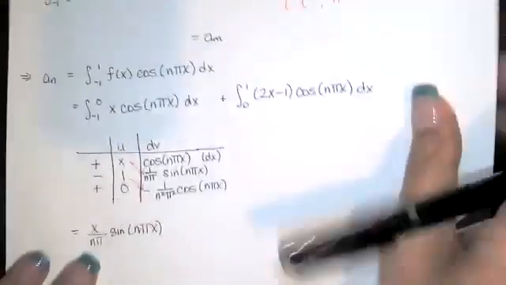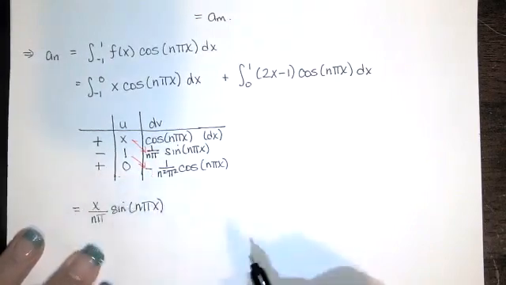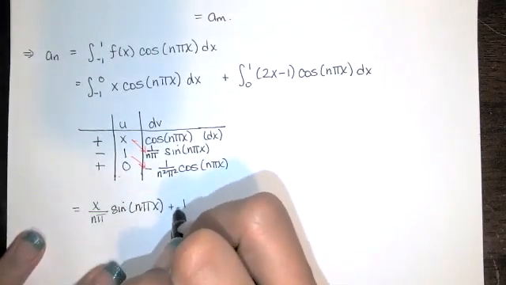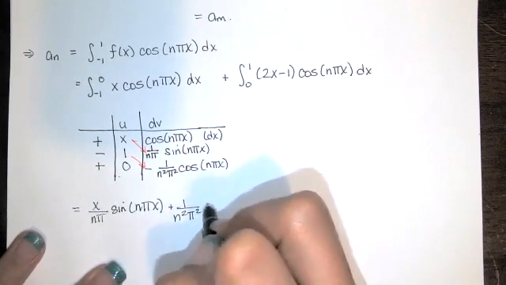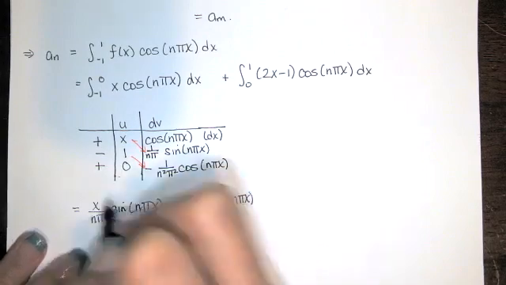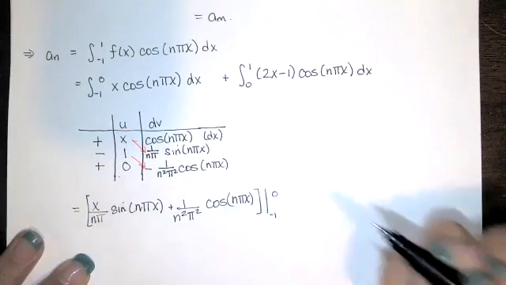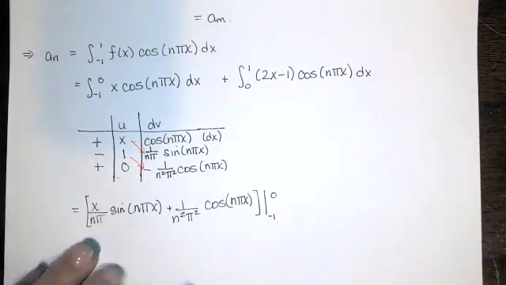Minus negative or minus 1 times this. So a -1 times that is going to be a positive 1 over n squared pi squared times cosine of n pi x. And we'll evaluate this at -1 and 0 and subtract.